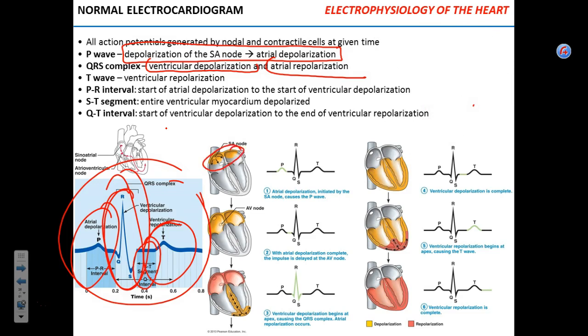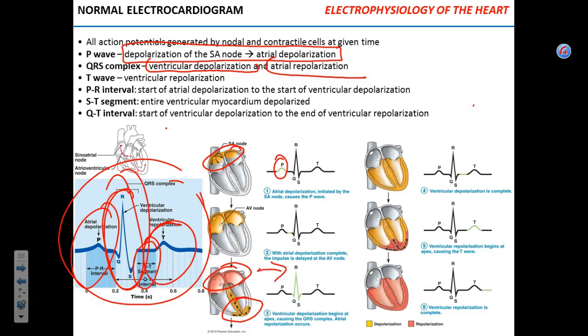Atria start to depolarize, that's the P wave. They keep being depolarized, meaning atrial muscles are contracting. And then you see the red color means they are repolarizing. At the same time, the signal is in ventricular walls, in Purkinje fibers, and that signal starts ventricular depolarization.